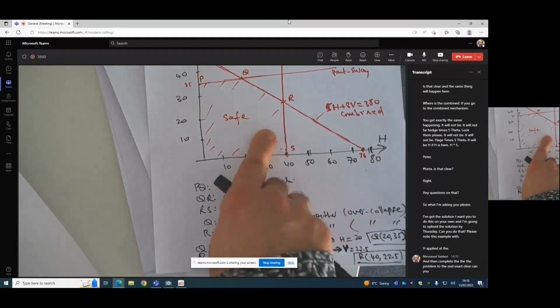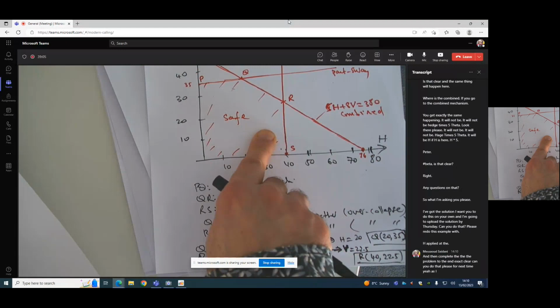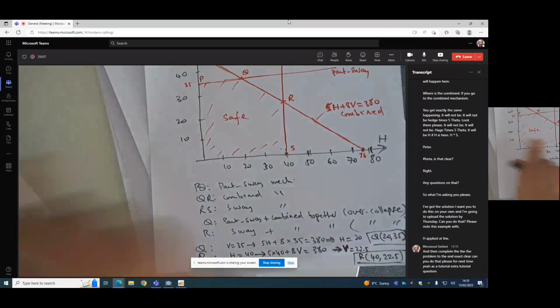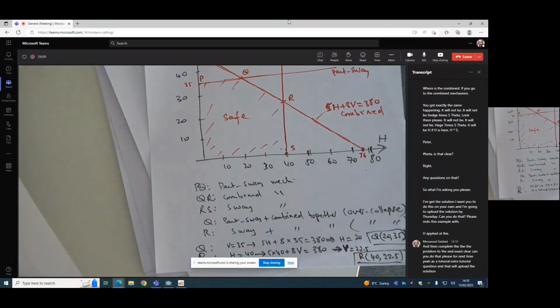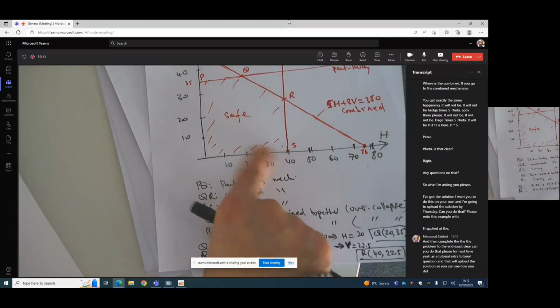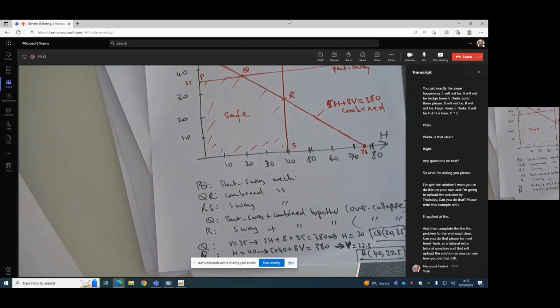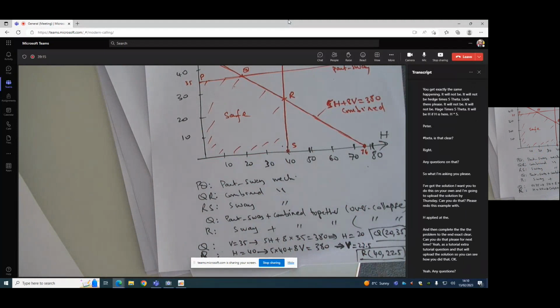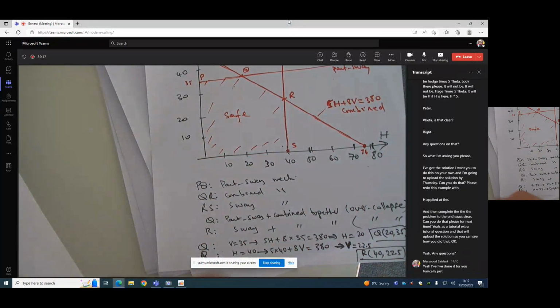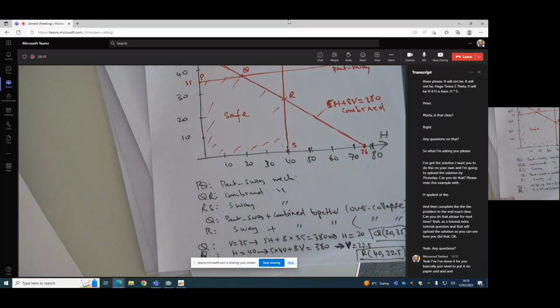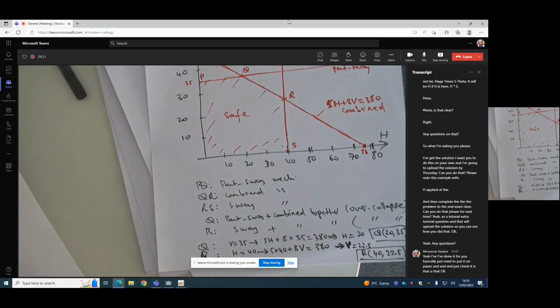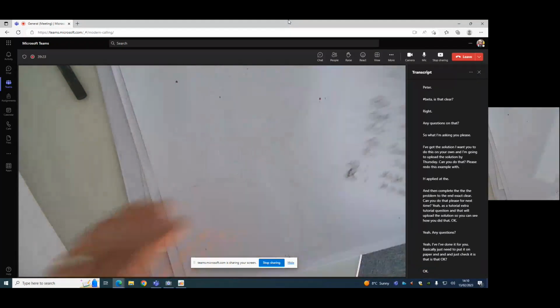Can you do that, please, for next time? Yeah, as an extra tutorial question. And I will upload the solution so you can see how you did. Is that okay? Any questions? I've done it for you. Basically, you just need to put it on paper and check it. Is that okay?